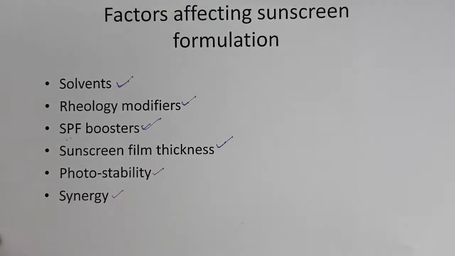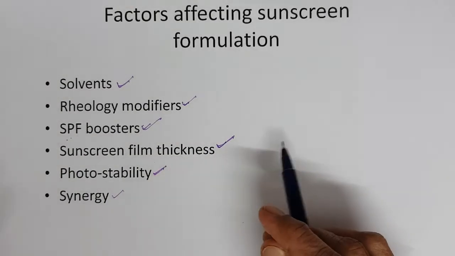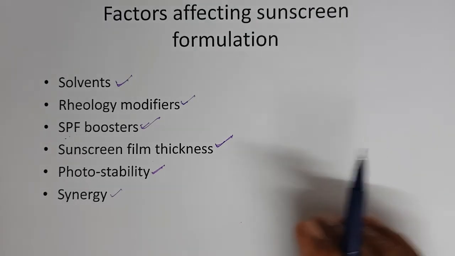The rheology of the product is very important. How it spreads on the skin, what film it leaves on the skin is very, very important. And photo stability of the sunscreens used in the formula and how it is stabilized, that is very, very important.